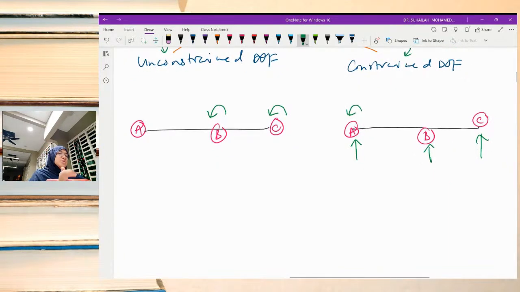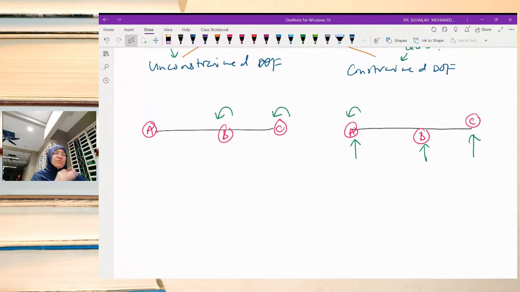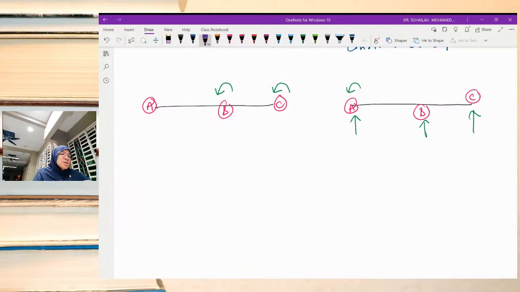So due to this we have two unknown displacements, and we have 4 unknown reactions.